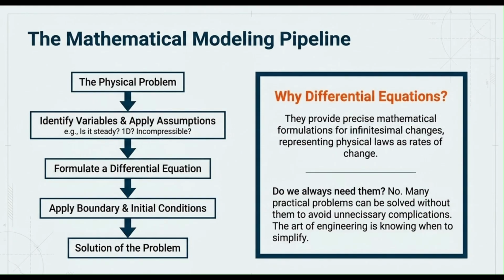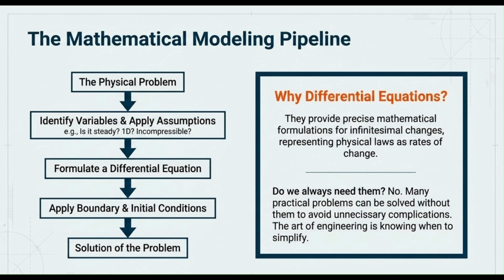Mathematical modeling pipeline. We begin with a physical problem, then we identify the important variables and make assumptions. For example, we may ask, is the flow steady or unsteady? Is it compressible? Is it one-dimensional or two-dimensional? Are viscous effects important?